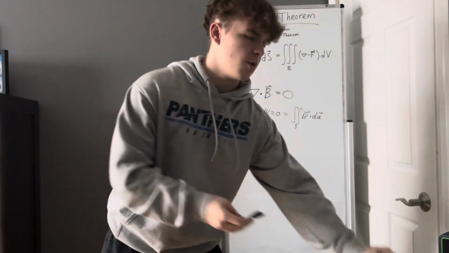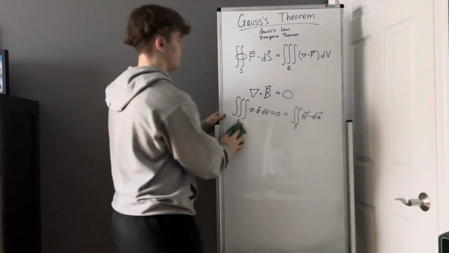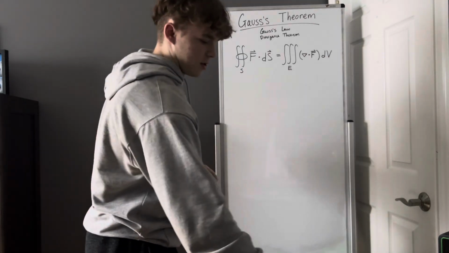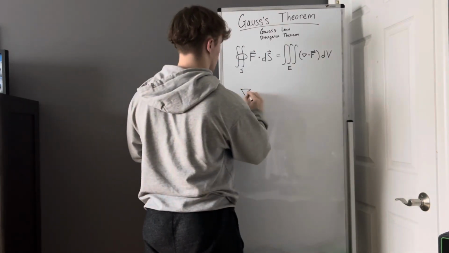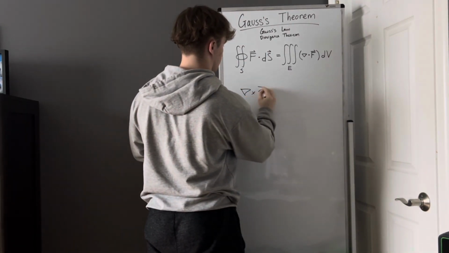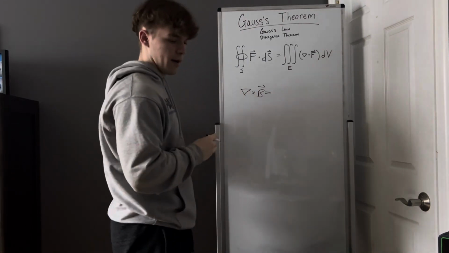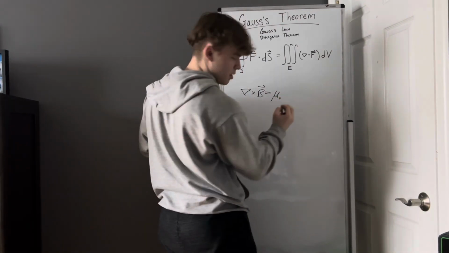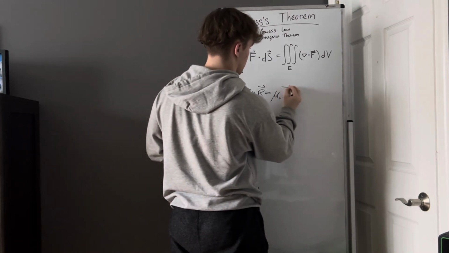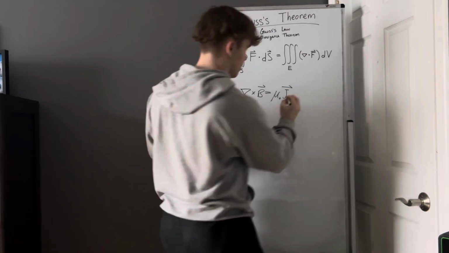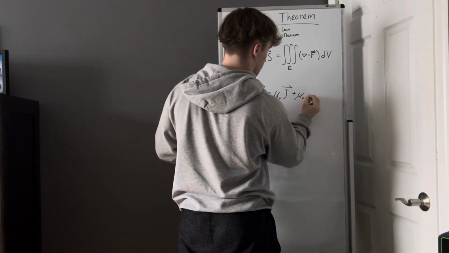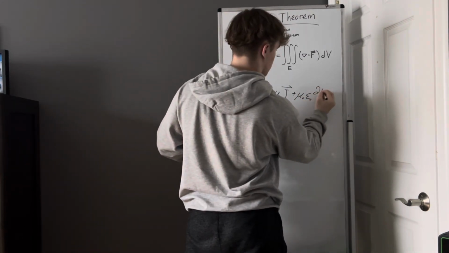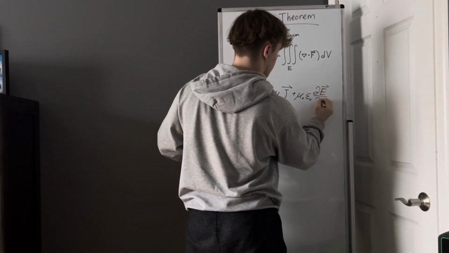Now there is one very complicated one that also relates electric and magnetic fields, and that would be del cross B, the curl of our magnetic field, is equal to mu naught J vector plus mu naught epsilon naught times the partial derivative of our electric field with respect to time.